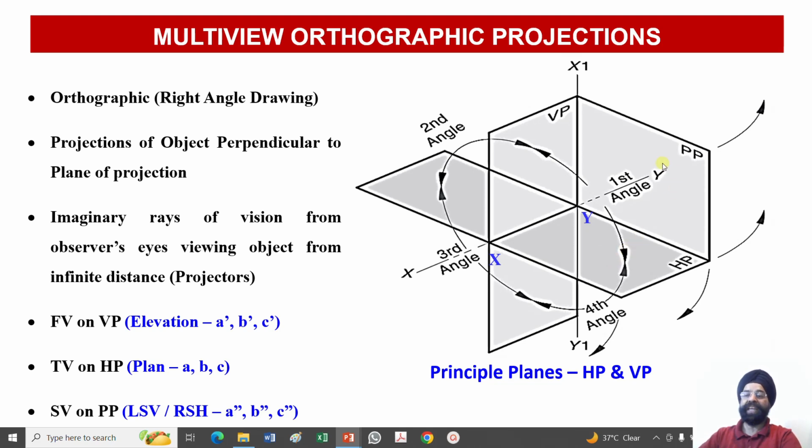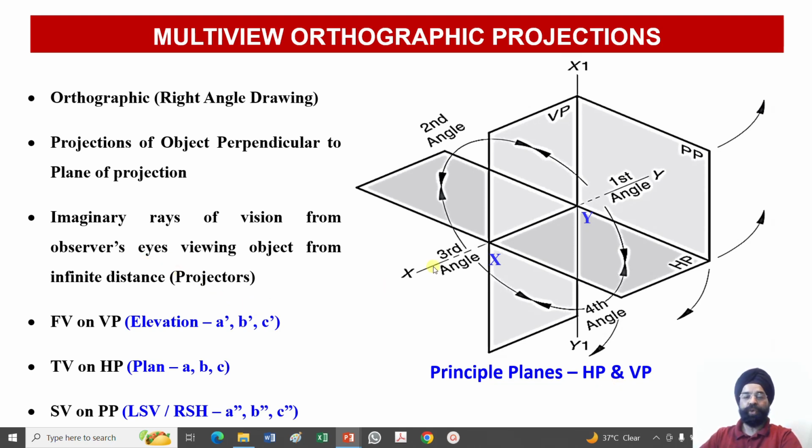So whatever view will be obtained on profile plane, it will be more of a derivative plane, which will facilitate us to view the image of the object in the side view. But usually we are going to require front view as well as the top view of the object. So for the profile plane, we need to remember the information over here is derivative or even duplicate. So this plane is not called a principal plane. So that is why we have mentioned over here that principal planes are only horizontal plane and vertical plane.